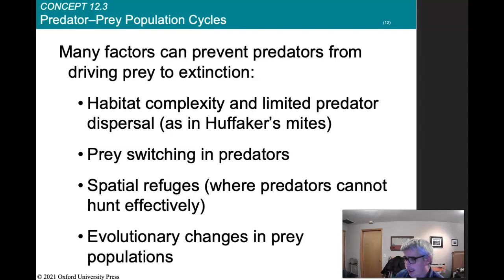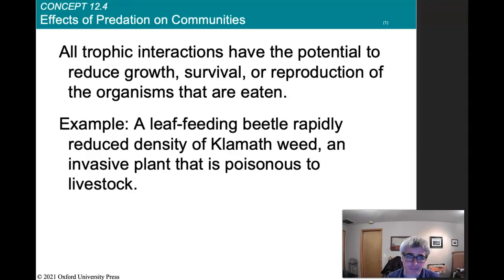Plants are a good example of that, coming up with defenses, mimicry, other ways of defying detection. All trophic interactions have the potential to reduce growth, survival, and reproduction of the organisms that are eaten. If the trophic interaction involves you being eaten, it's not good.